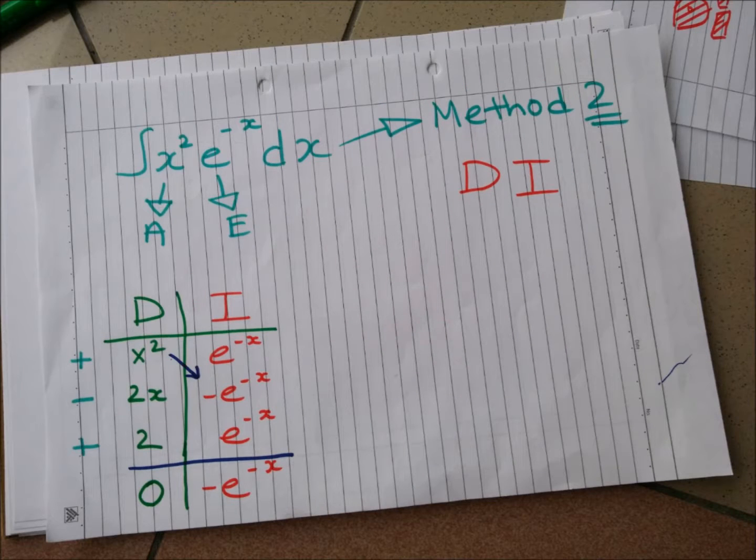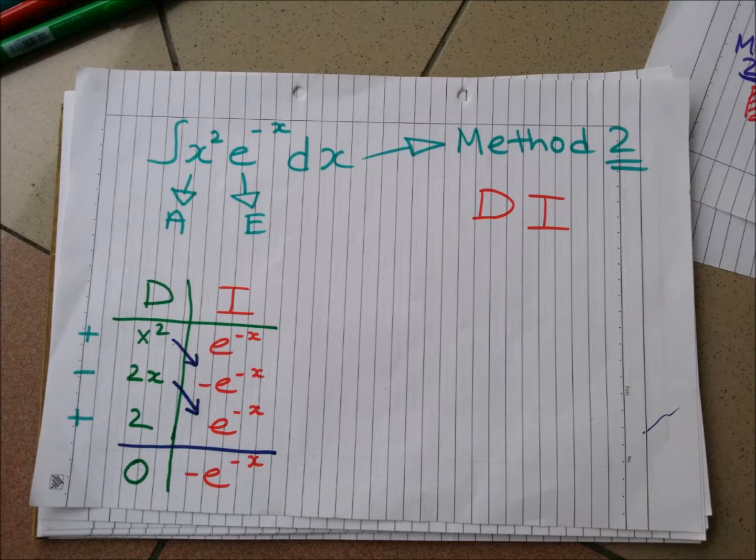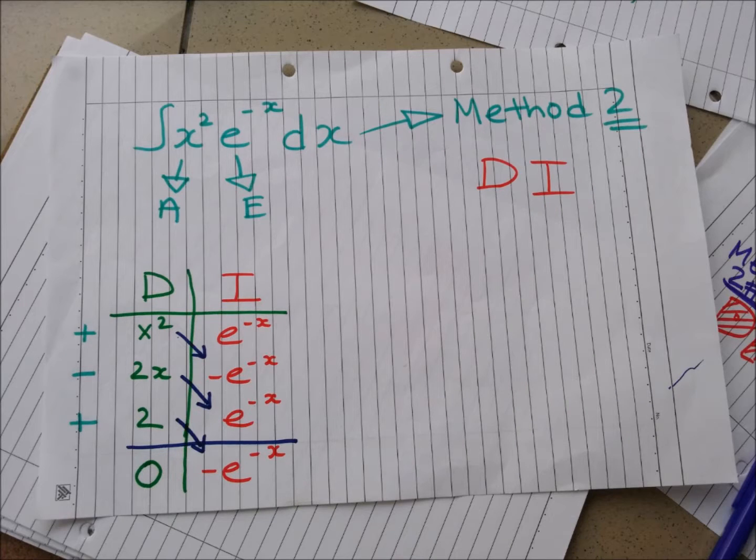So you take x squared times negative e to the negative x, 2x times e to the negative x, and 2 times negative e to the negative x.